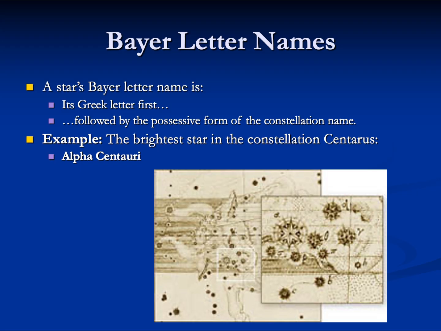In this example, the brightest star in the constellation of Centaurus is called Alpha Centauri. Similarly, the second brightest star in the constellation Gemini would be Beta Geminorum. The first name rates the brightness. The second name identifies which constellation it is found in.